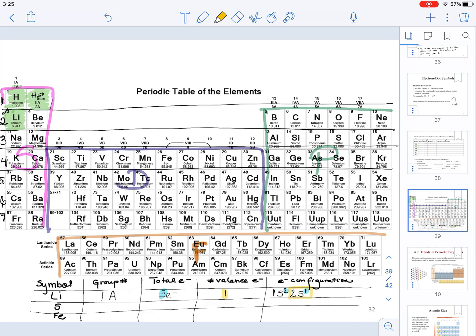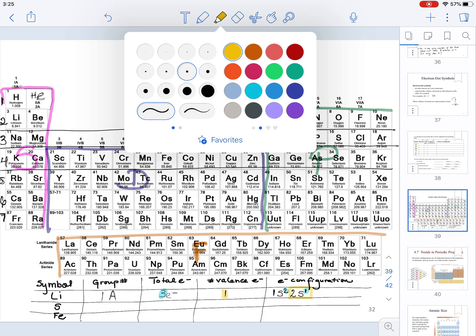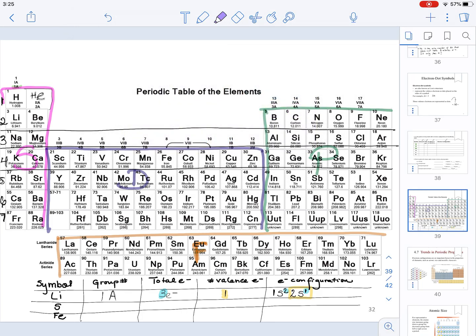Let's move on to sulfur. So I'm just going to erase my highlights in lithium, and I'm going to do sulfur now. So for sulfur that lives here, we need to highlight everything before it, and we're going to count all the boxes that are preceding sulfur. We're going to go row by row, box by box.